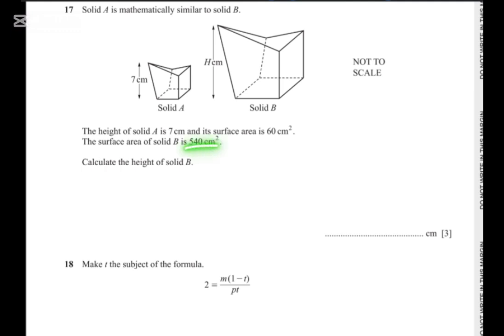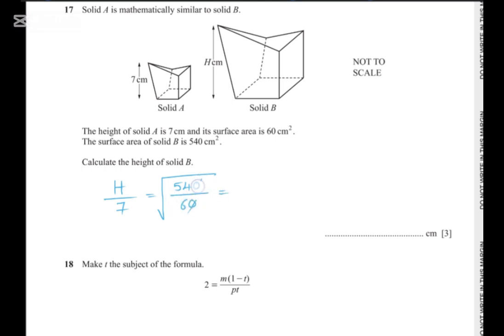So this is the surface area of solid B and solid A, and you have to write that in the form of an equation. So the ratio of solid B, I'll take first, H by solid A, 7, will be equal to the square root of the surface area of solid B, 540, by the surface area of solid A, 60.